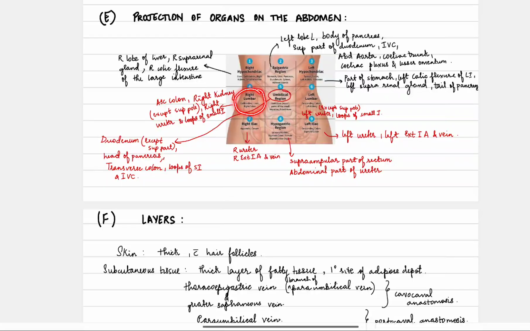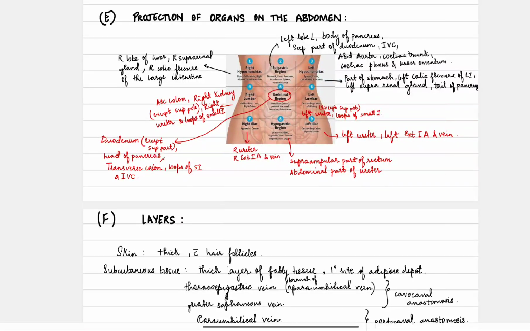In the right lumbar region: ascending colon, right kidney except the superior pole, which is in the right hypochondriac region, right ureter and loop of small intestine.